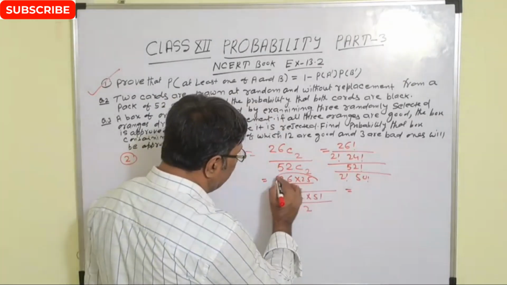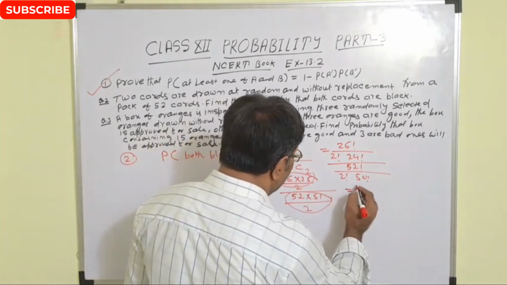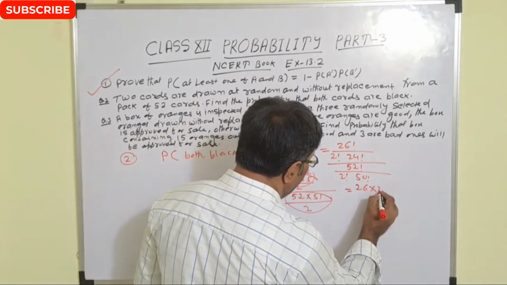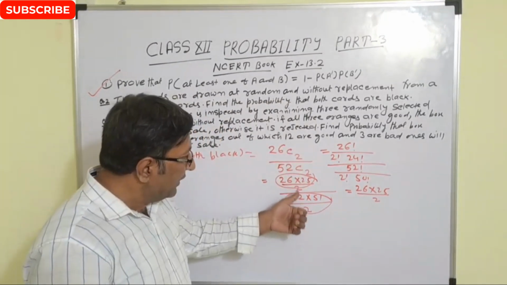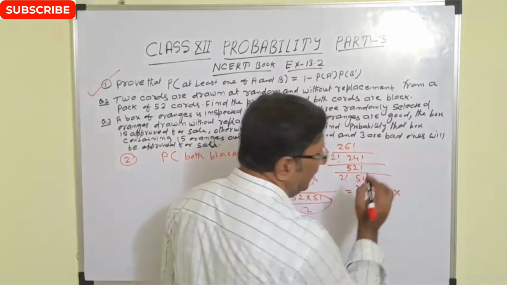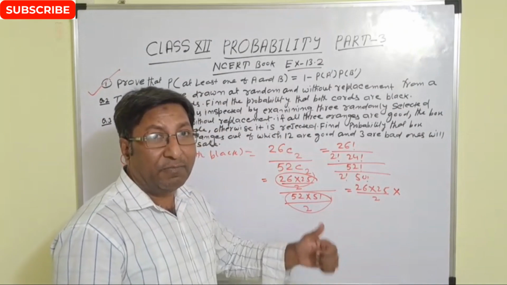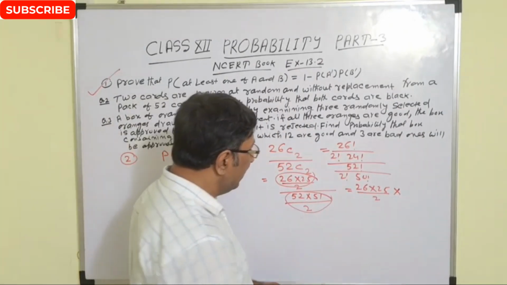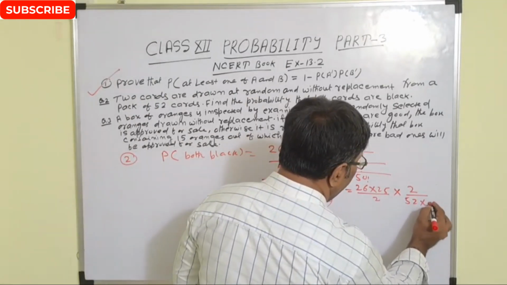Now we can solve this very easily. This portion divided by this portion. 26 multiply 25 by 2. When we divide by a number, we change the divide into multiply, and the number after divide becomes its reciprocal. So it reverses, that is 2 upon 52 into 51.